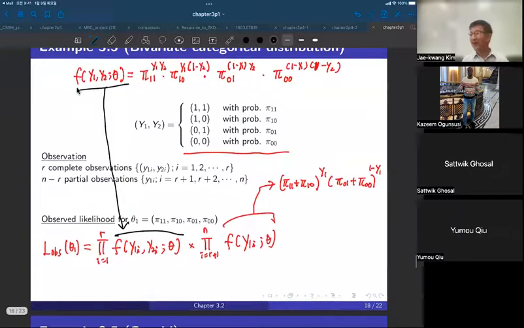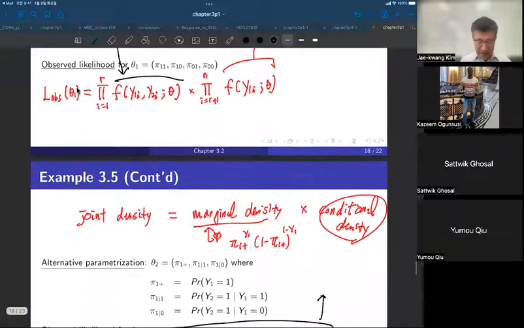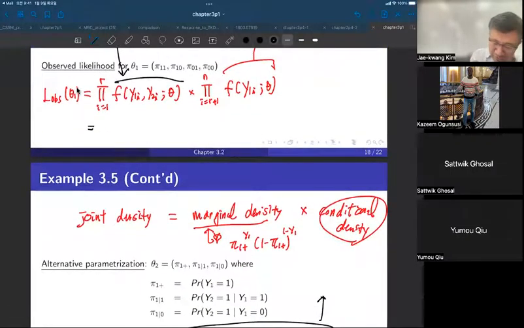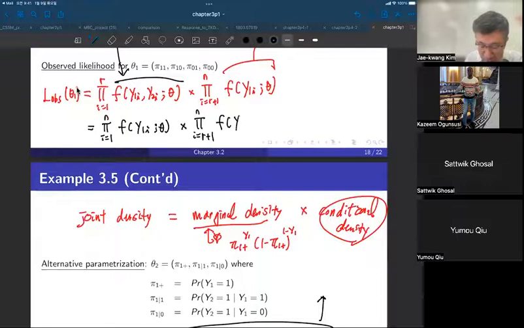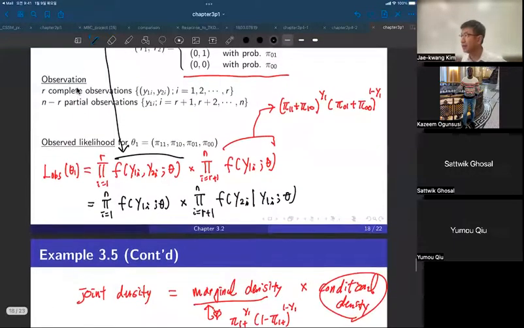That's a little bit dirty in terms of the algebra, but if you can follow this, logically we have the product over i equal to 1 to n of the marginal distribution of y1, and then the product over i equal to 1 to n of the conditional distribution of y2i given y1i. So that is the trick point.